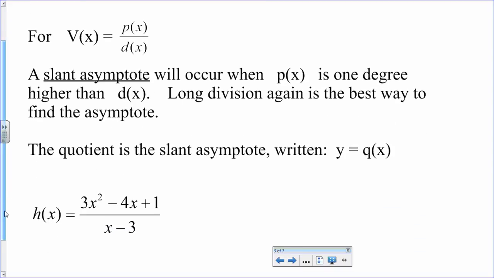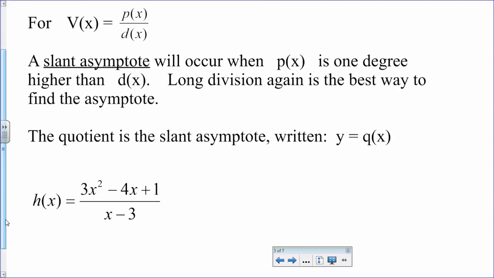Okay, so what we do is long division, and we're looking for the quotient part. So just the part that's on top will be the equation of our slant asymptote. So I'm just doing this division problem. I'm going to divide 3x squared minus 4x plus 1 by x minus 3.